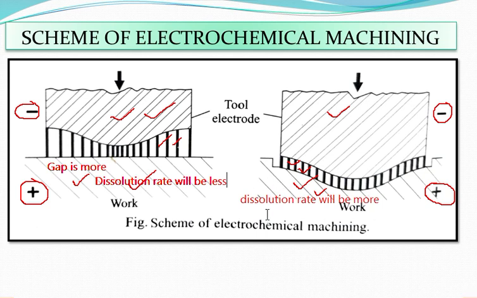And here you can see the dissolution rate is more because your gap is less. So you can see how it is affecting. The gap between the tool and your workpiece is one of the important things that has to be maintained while machining. If the gap is less, the dissolution rate will be more. If the gap is more, the dissolution rate is less.